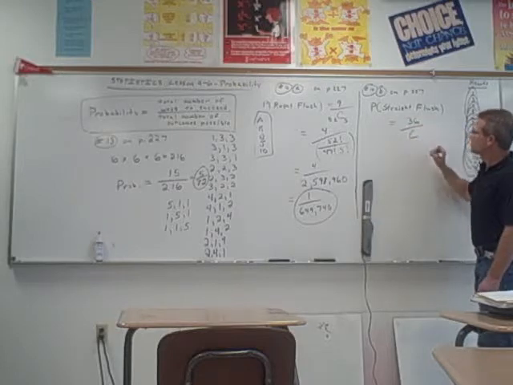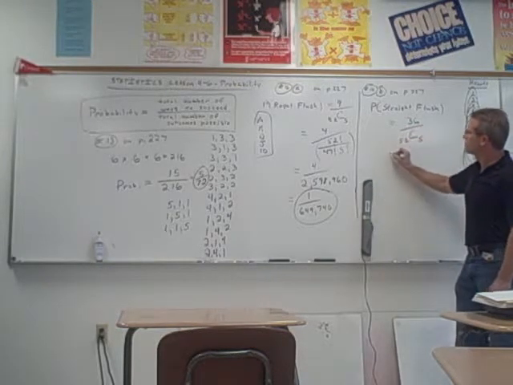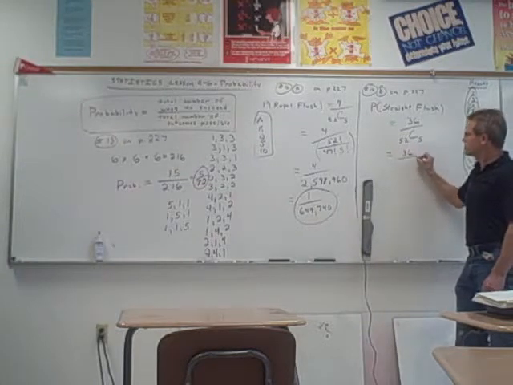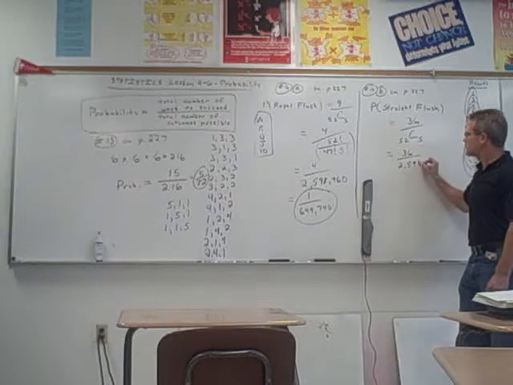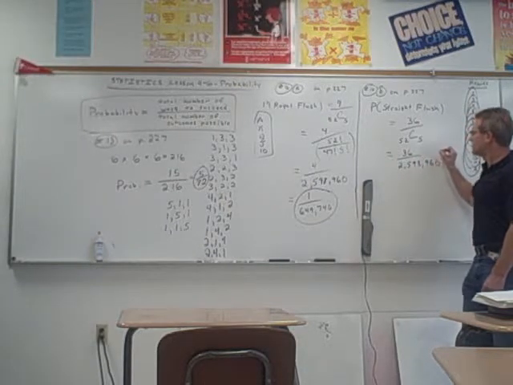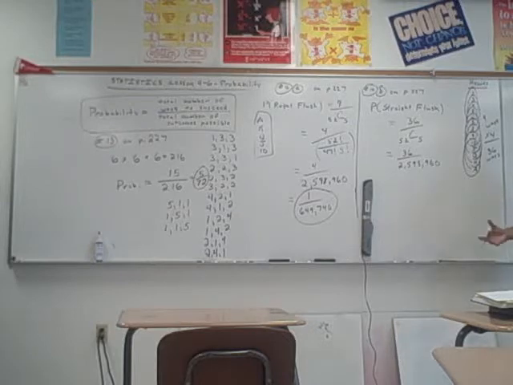Again, the total number of outcomes, we're getting 5 cards out of a deck of 52. So we're going to have 36 over 2,598,960 again. And of course you could reduce that. They're both even numbers, so you could divide by 2 and reduce with your calculator, maybe even divide by more than that eventually. But reduce that to lowest terms and you'd be done with 16.